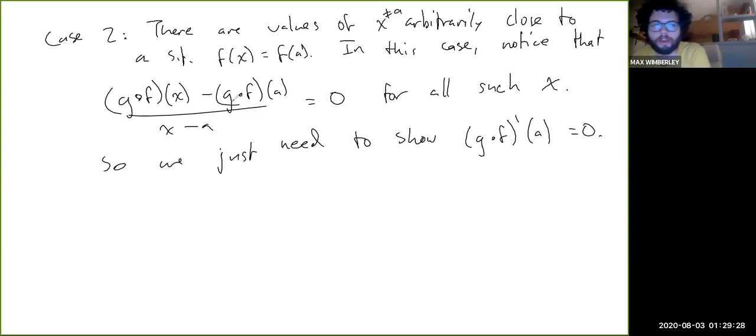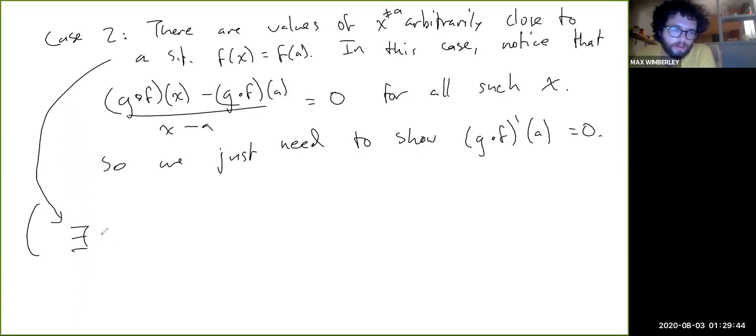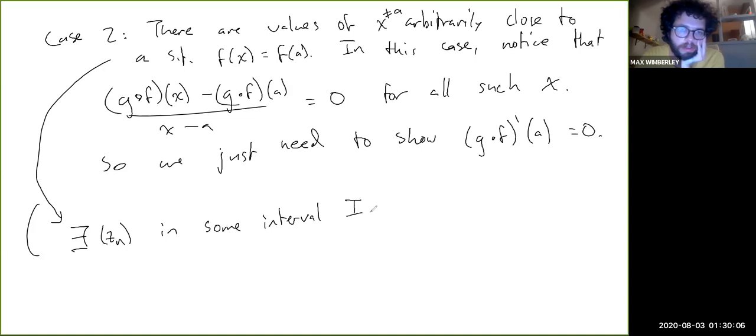Okay, because basically, this assumption means there exists a sequence zn in some interval I without the point a, where a is in I, right?